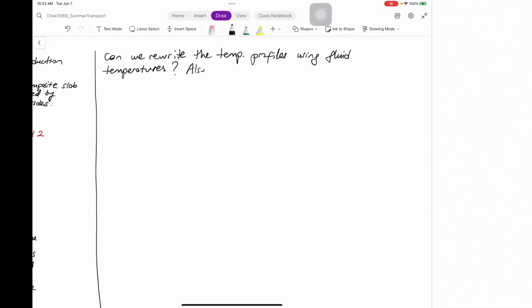Also, is there a way to know T1 when T0 and T2 are given?